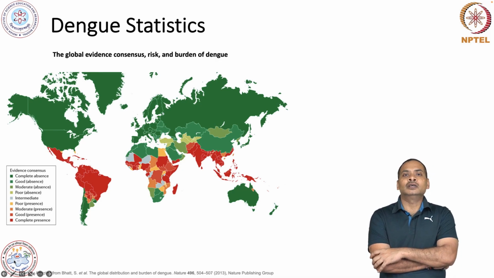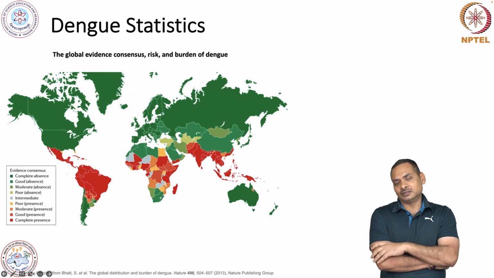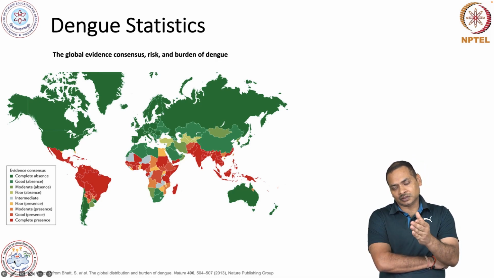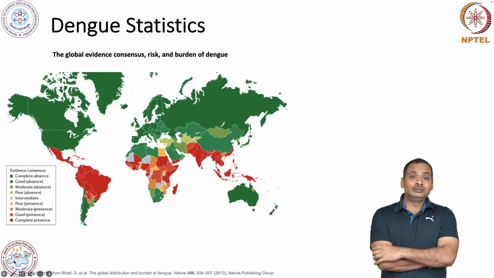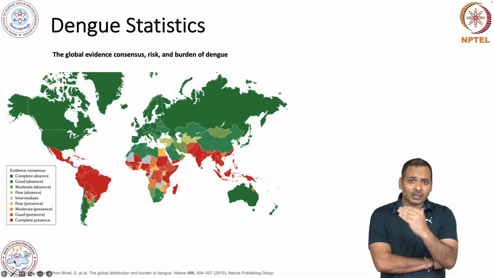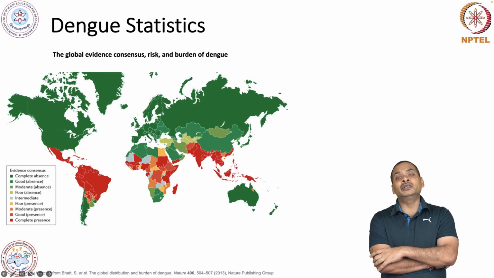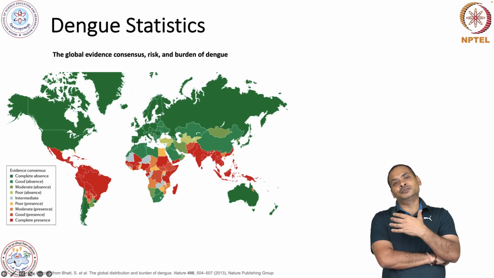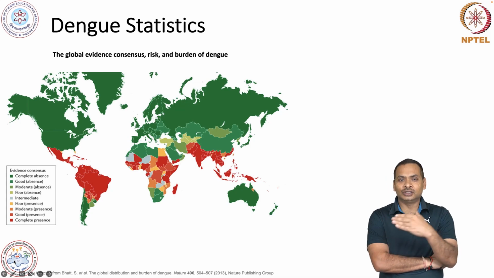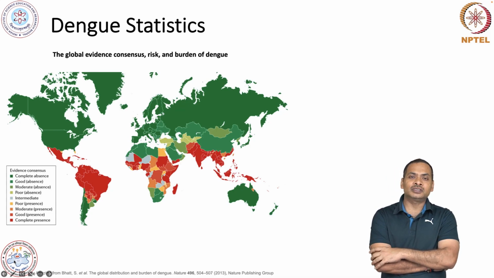If you see this image, then you can understand that this viral infection is prominent near the equator region.